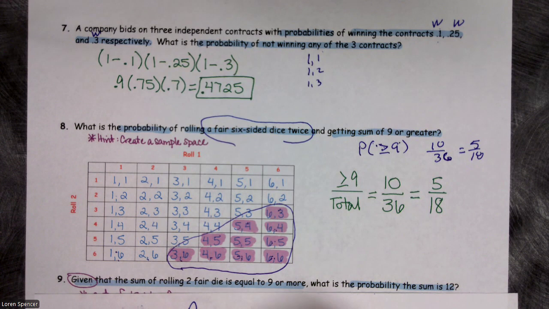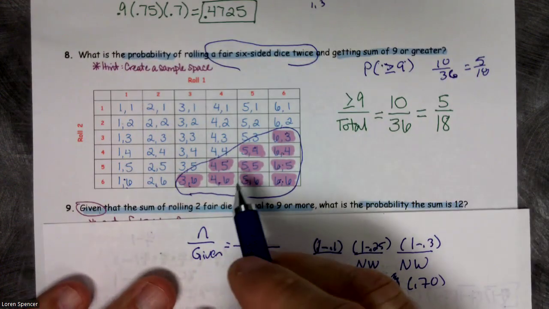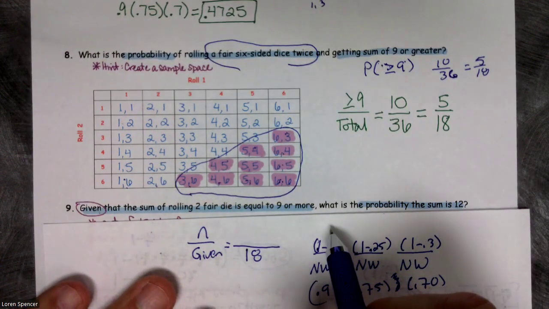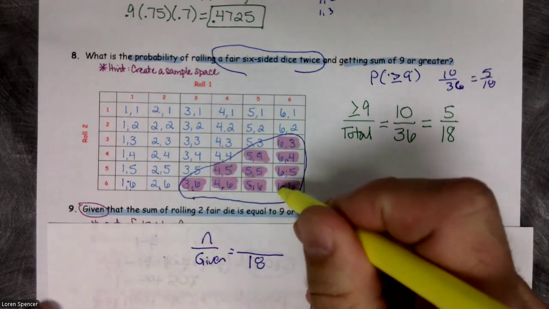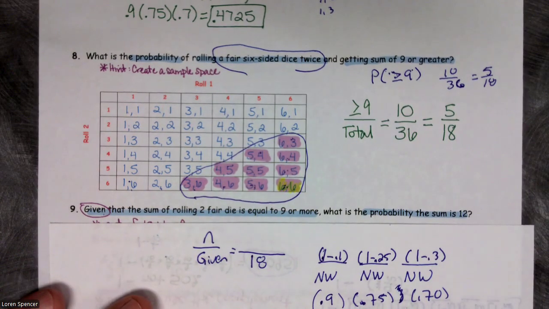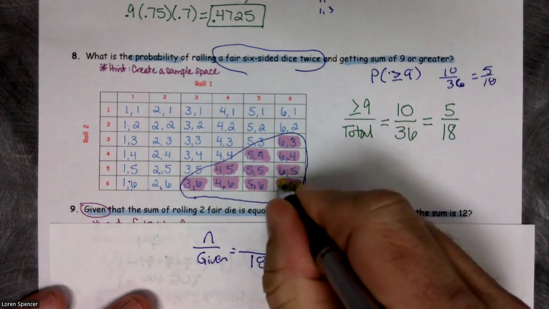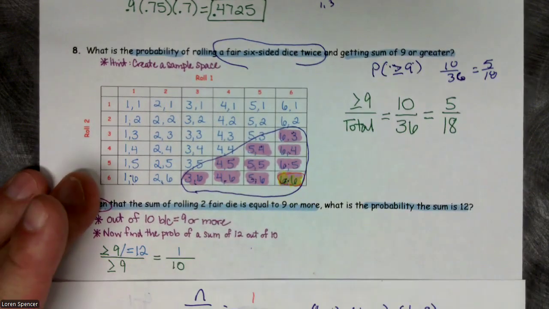Probability that it equals 9 or more, or the number of times it equals 9 or more, is 18. But we want to know what's the probability the sum is 12. Well, the only one that equals 12 is right there. That only happened one time. So that's 1 out of 18.